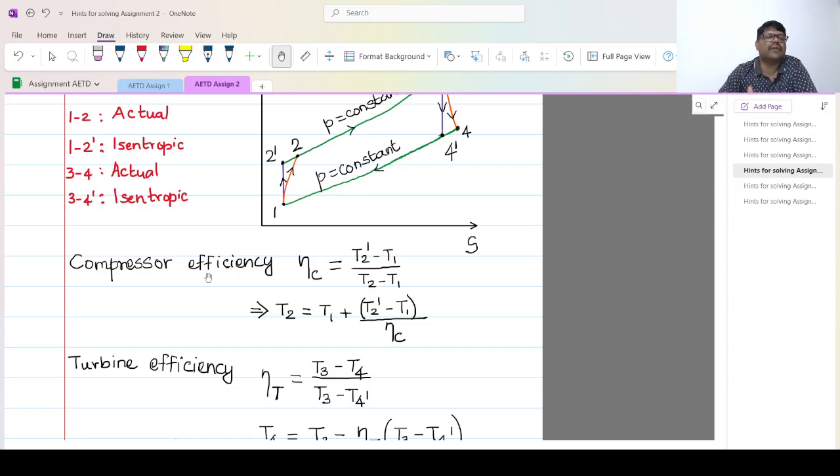actual process. For example, if you take the compression process 1 to 2, the isentropic efficiency of the compressor, that is eta C, can be written like this. I'll write here.